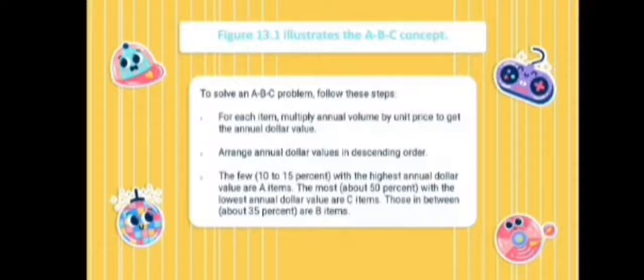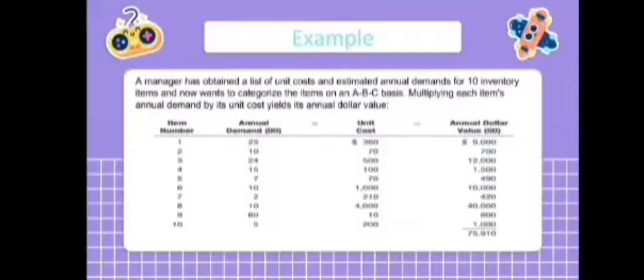The most, about 50%, with the lowest annual dollar value are C items. And those in between, about 35%, are B items.